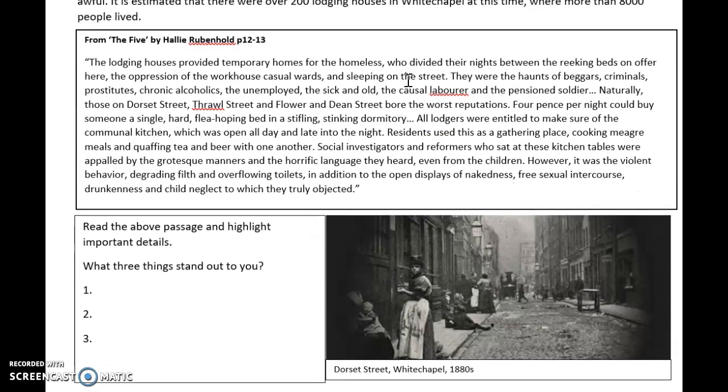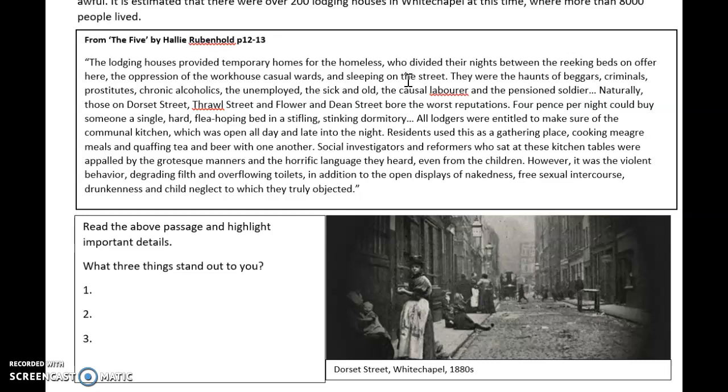Once again, I'm going to draw on the work from Hallie Rubenhold and her book The Five to really describe the terror of these places. So Hallie Rubenhold states, "The lodging houses provided temporary homes for the homeless, who divided their nights between the reeking beds on offer here, the oppression of the workhouse casual wards, and sleeping on the street.